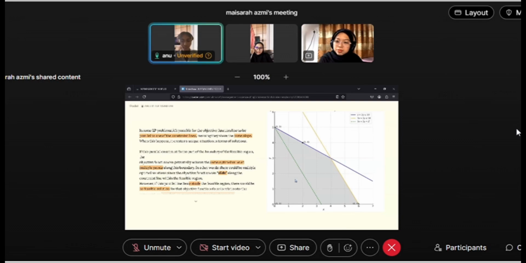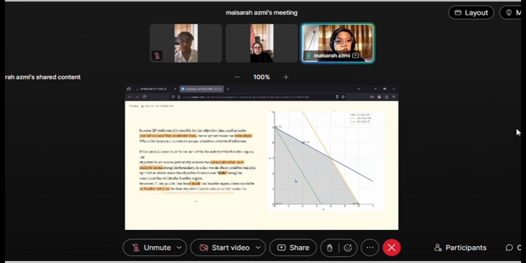Yes, if the objective function is parallel to one of the boundary constraints and that boundary is part of the feasible region, we could have multiple optimal solutions along this boundary line. The objective function can slide along the constraint line, so every point on that line within the feasible region has the same optimal value.